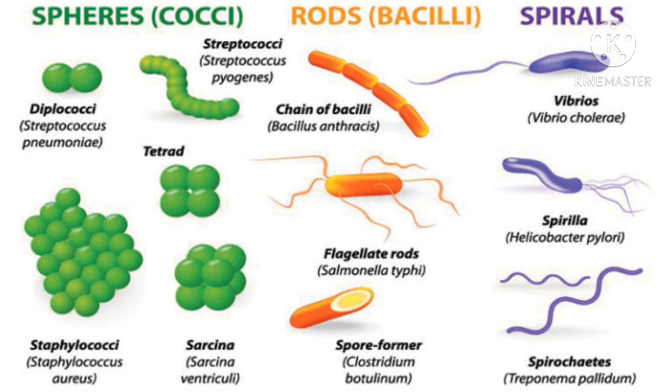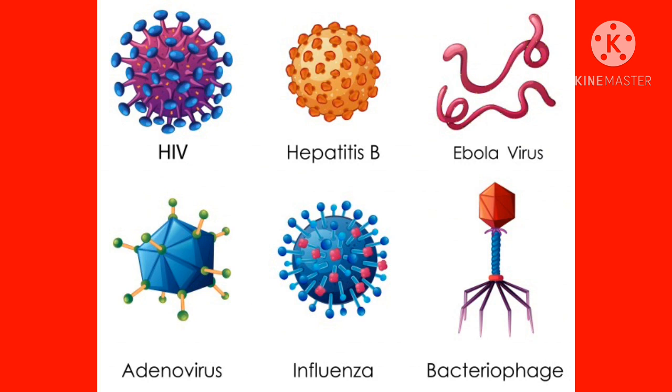So next question. Types of viruses. What are the types of viruses? They are plant virus, animal virus and bacteriophages. The first one, plant virus. Virus that infects plants. Example, tobacco mosaic virus.